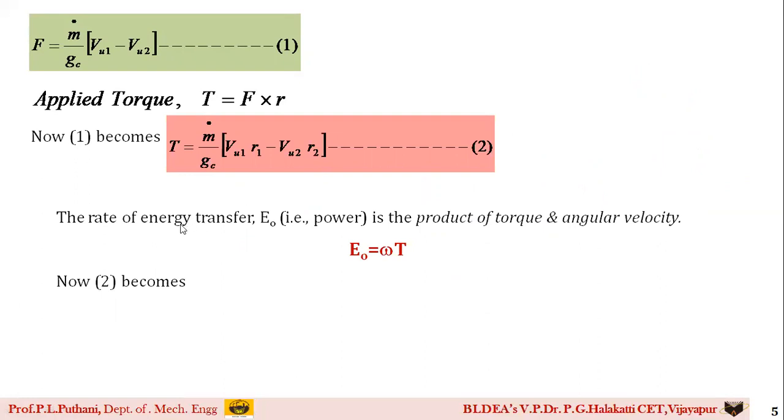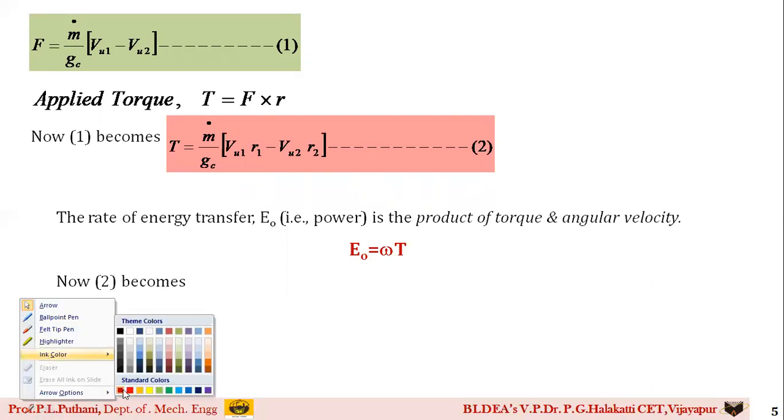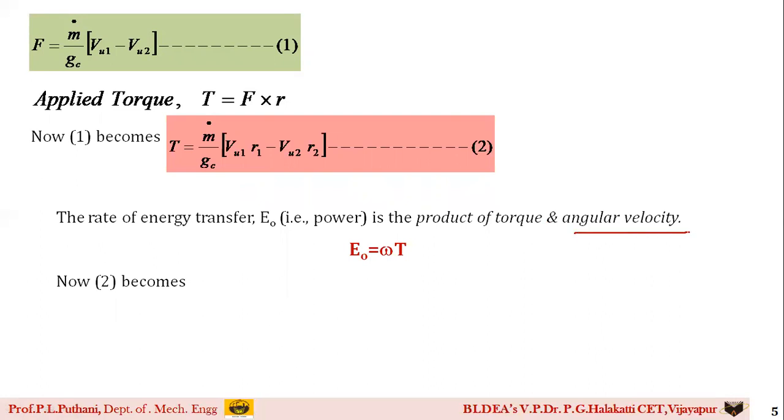And the rate of energy transfer, how are we rating the rate of energy transfer? The rotor is rotating at a speed of omega, angular velocity omega. So the product of torque and angular velocity gives us the energy transfer. For the torque rotating at an angular velocity omega, we take omega into T, and it represents the energy itself.